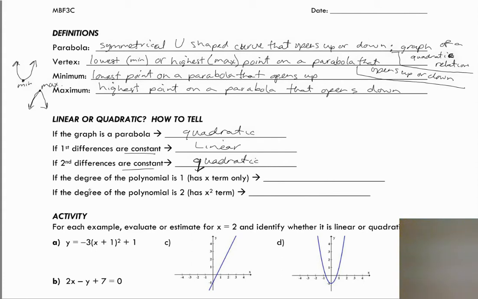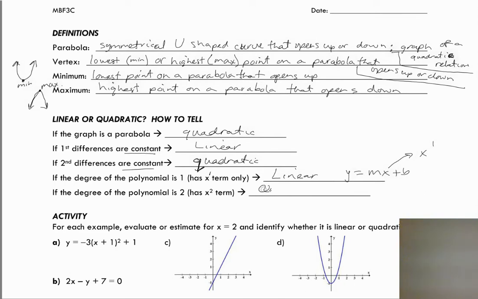If the degree of the polynomial is 1, so it has an x term of only x to the 1, it is linear. An example, y equals mx plus b, the x is x to the power of 1.